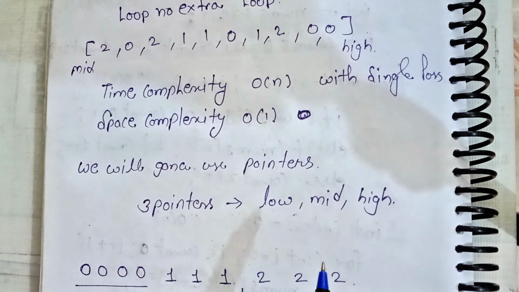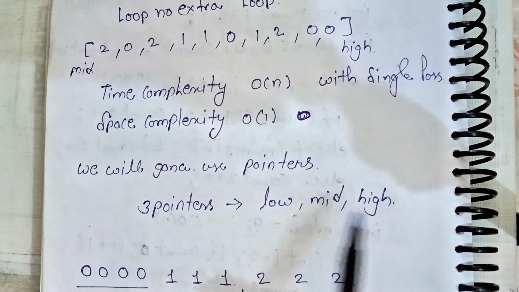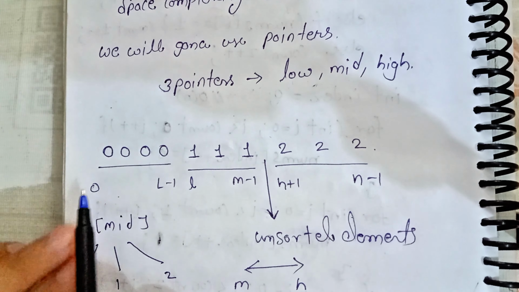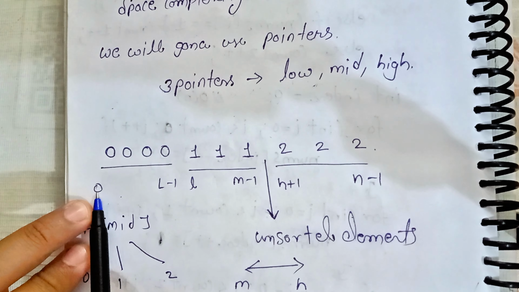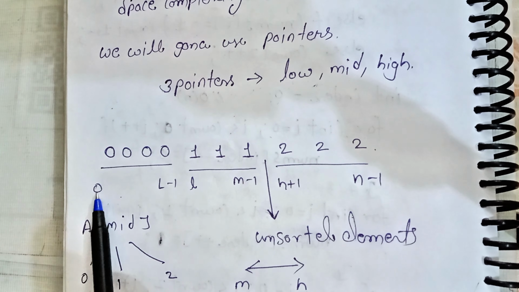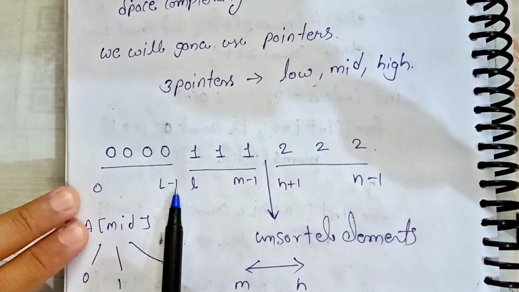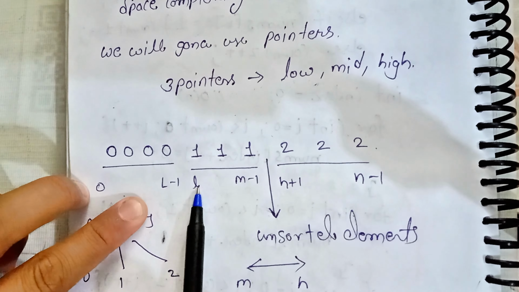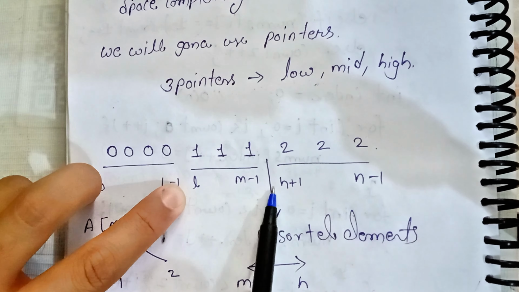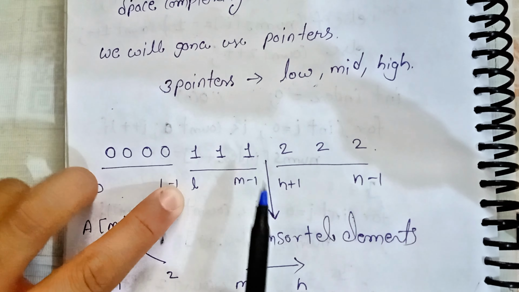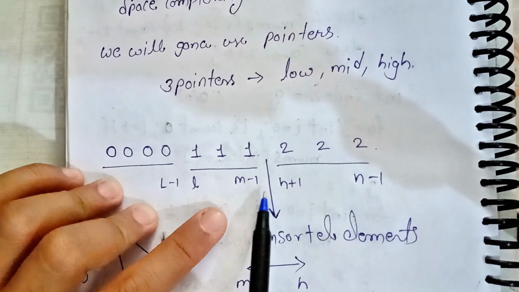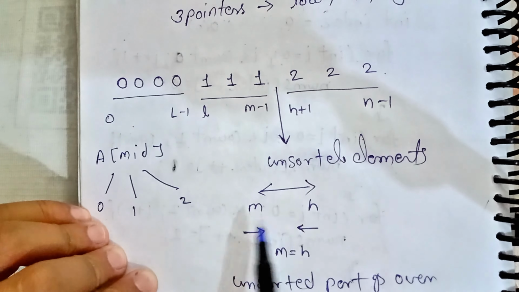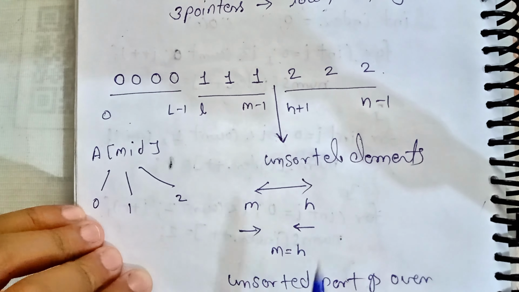We are going to use 3 pointers, basically low, mid and high. The concept behind low, mid and high is that from index 0 to low minus 1 we have zeros. From low to mid minus 1 we will have 1s.